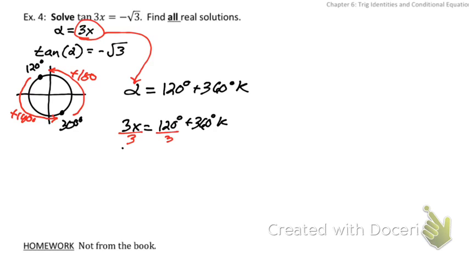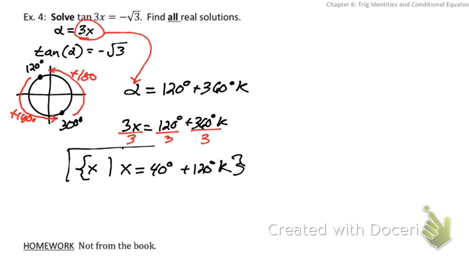So I'll divide that by 3, this by 3, and this by 3. And so we're going to have x equals 40 degrees plus 120 degrees. And since we're looking for all solutions, we put it in set builder notation. So I'll have x such that x equals 40 plus 120k.